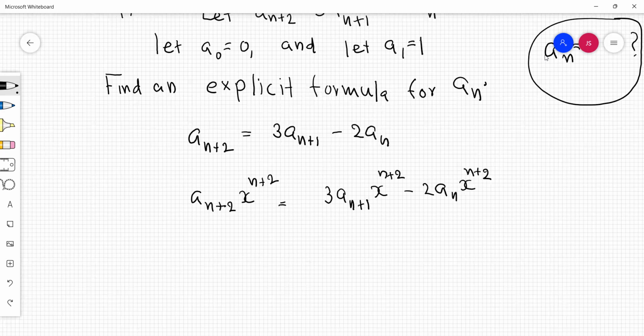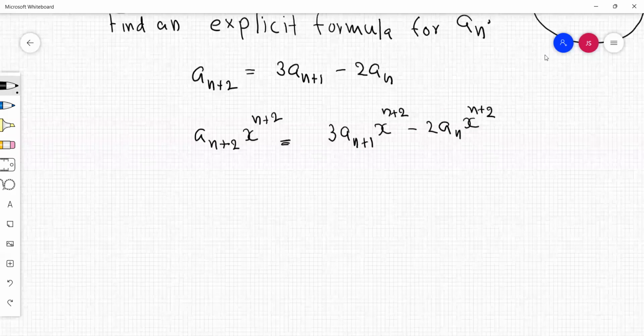Excuse me, sir. So should we always multiply it by the left-hand one, or the term with the highest power? Term with the highest power, actually. Usually we isolate the terms with the highest power on the left-hand side.